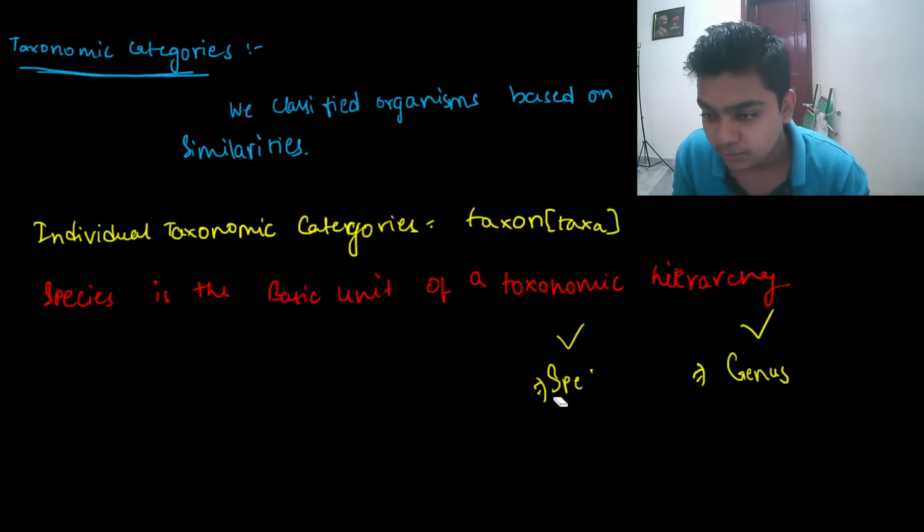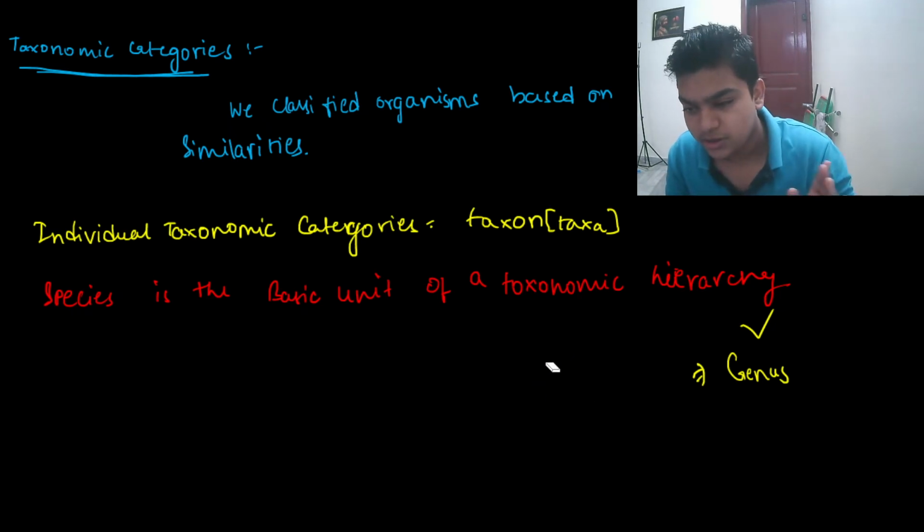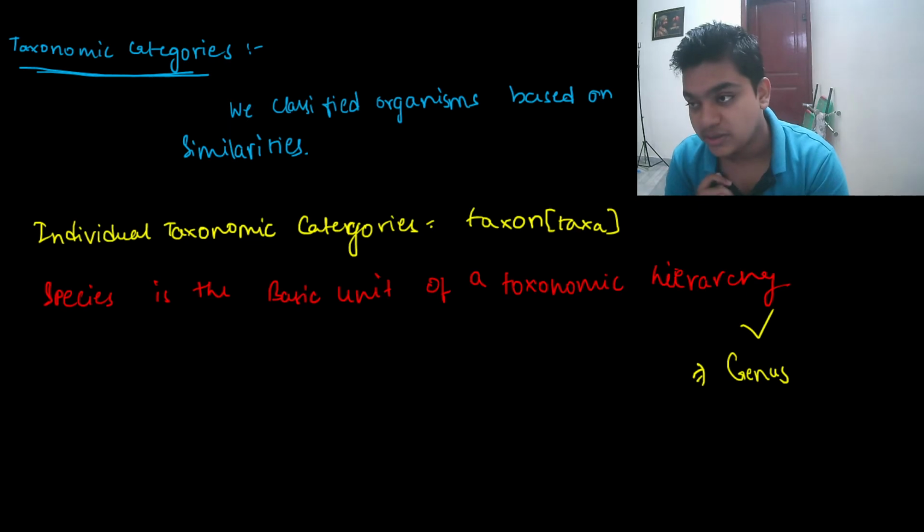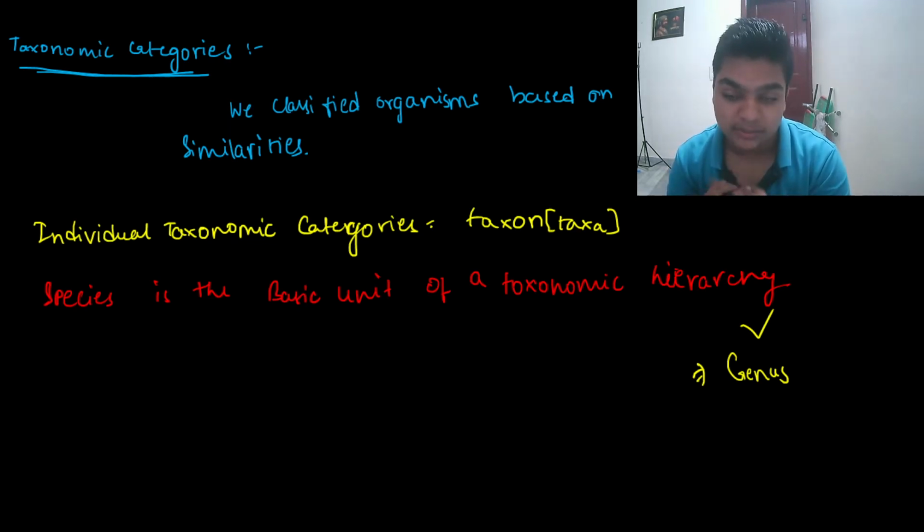Species is a group of organisms having fundamental similarities. If you take Homo sapiens and compare human beings with monkeys, which also belong to the same order, we have fundamental similarities, but we even have morphological dissimilarities also.